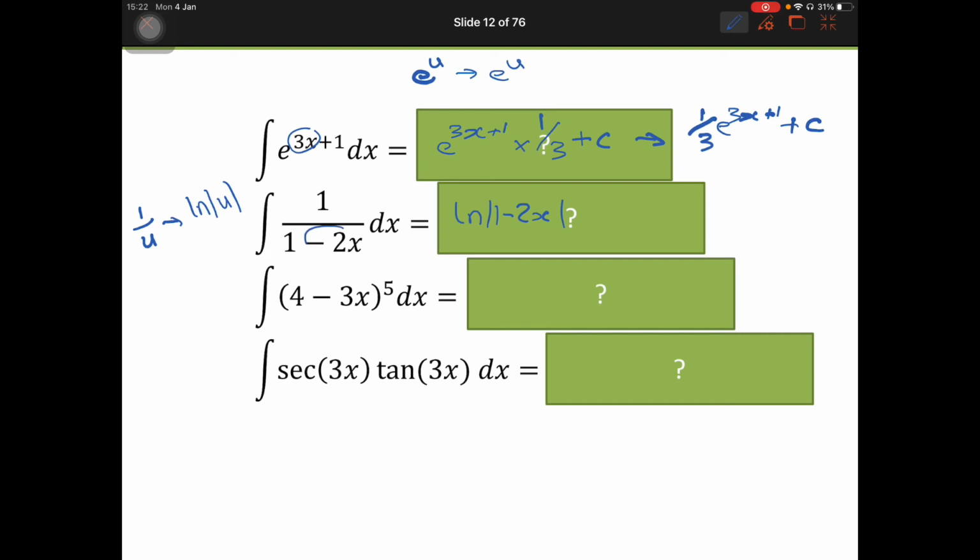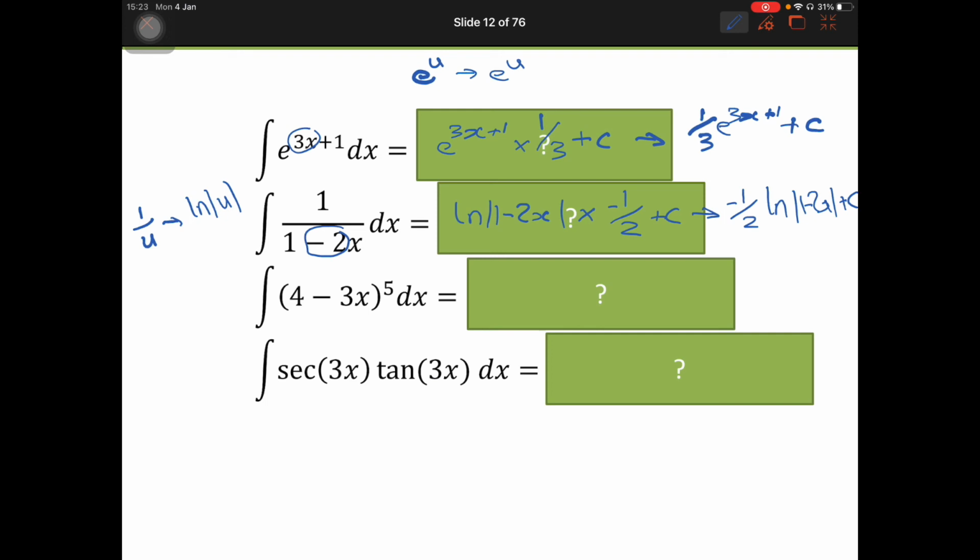But I've got a minus 2x in there, so I need to remember to times by minus a half and plus c. So I end up with minus a half log natural of 1 minus 2x plus c. So each time, use u if you need to. You've just got to remember to work that next part in.